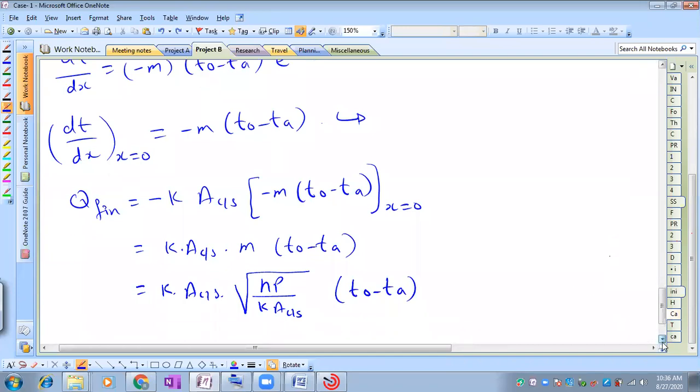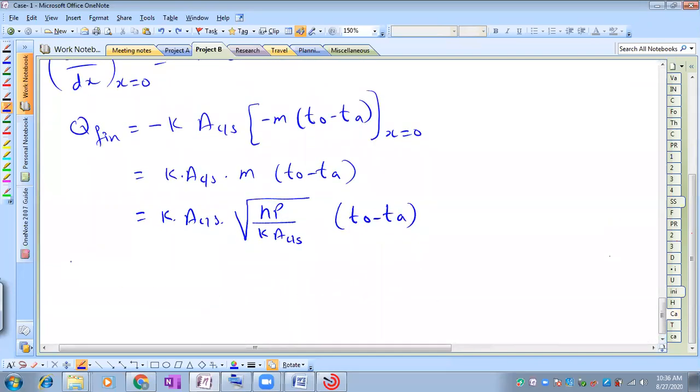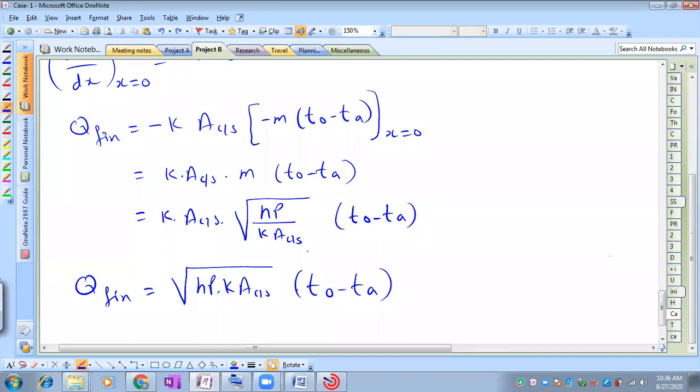So if I further simplify, I get Q of fin is equal to the square root of (hP kAcs) into (T0 minus Ta). So this is the final expression that we have to remember.